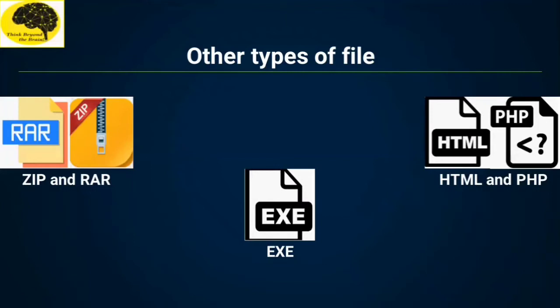Then comes exe. Now, if I want to download a particular app, and I am not getting that app directly on the Play Store or Google, then I will type APK or exe. For example, if I want to download Zoom, and Zoom is not coming on the Play Store and Google, then I will type Zoom exe or Zoom APK.